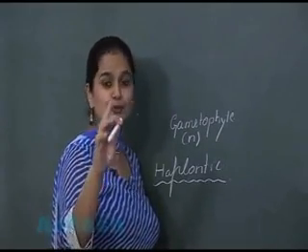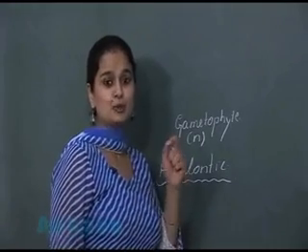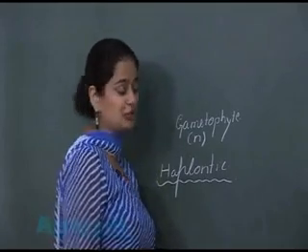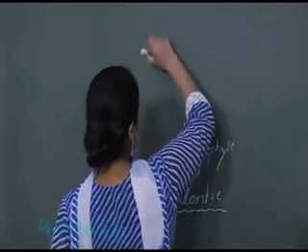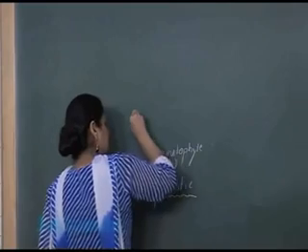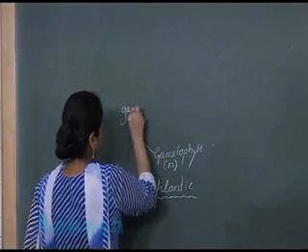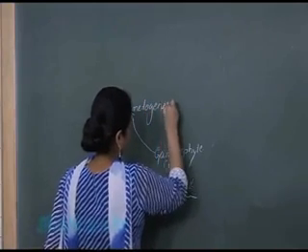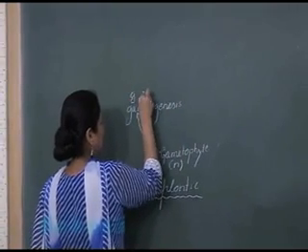The process of formation of gamete is known as gametogenesis. So after the gametogenesis, there is formation of haploid gametes.